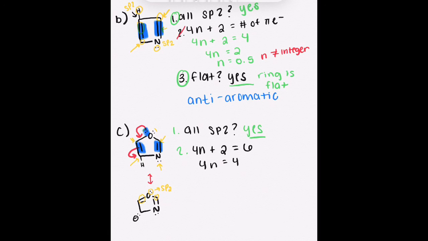For n equals 4, n equals 1. So n is an integer. That rule is satisfied. The third question is, is the ring flat? And the answer is yes, because this is a 5-membered ring. Since all three rules are satisfied, this molecule is aromatic.